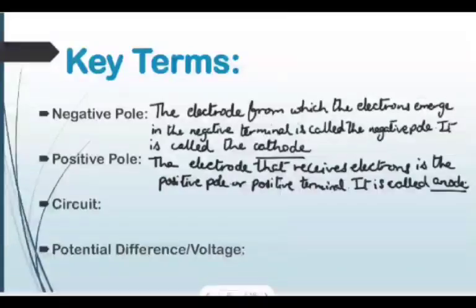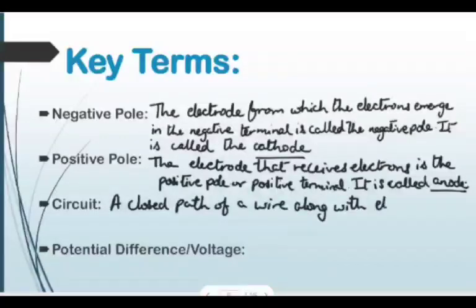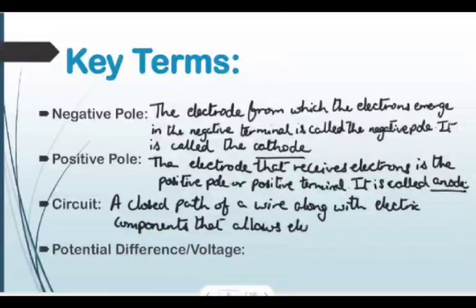Next comes, what is a circuit? A circuit is a closed path of a wire along with electric components that allows electric current or electric charge to flow.